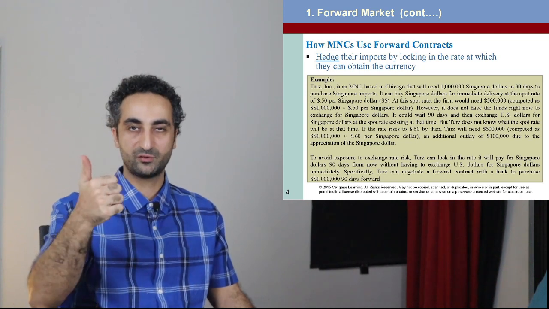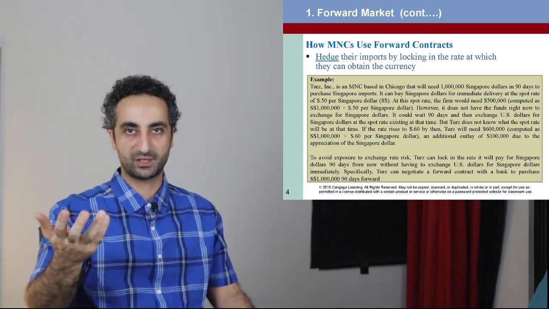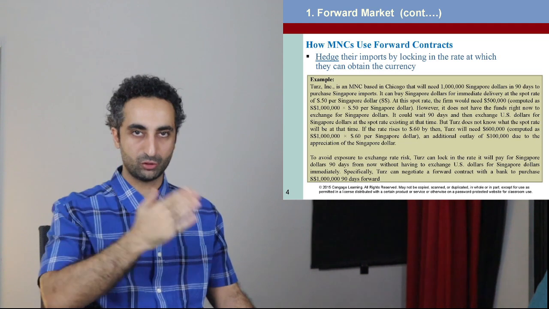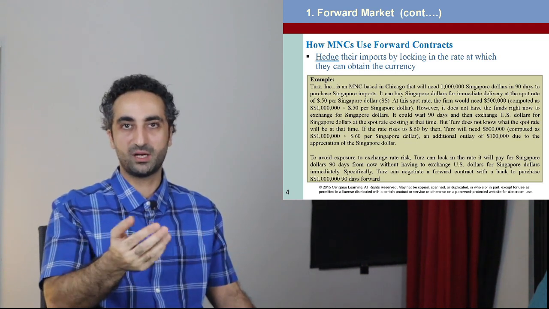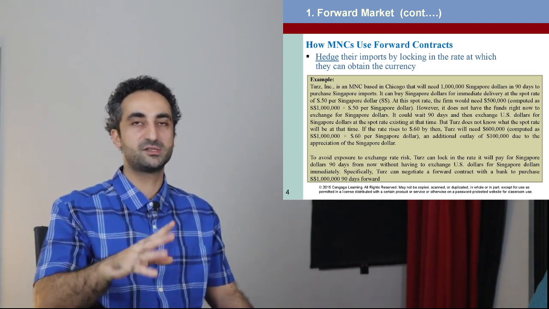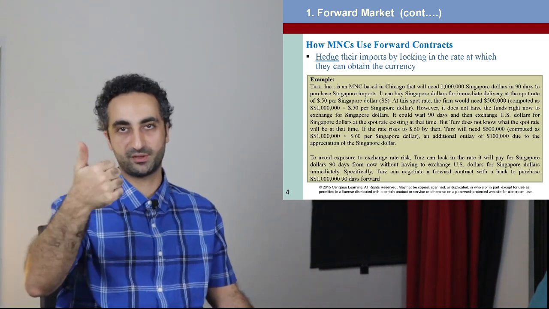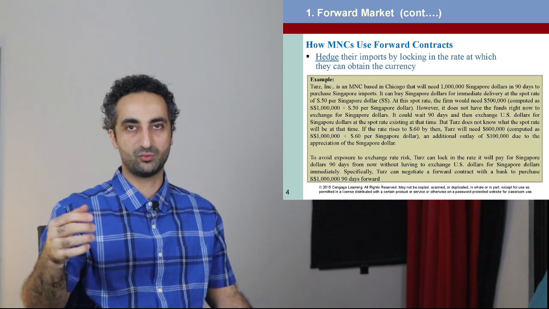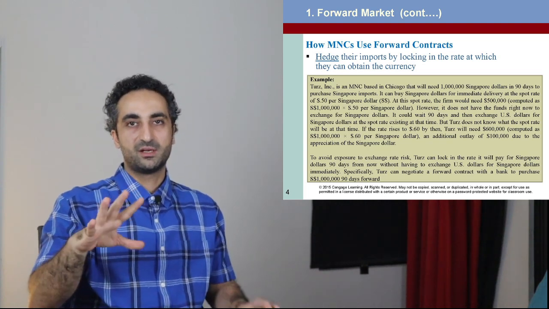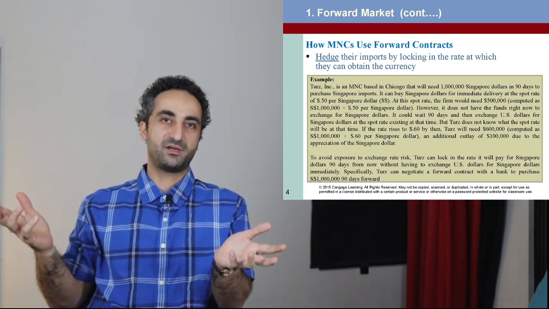So one way of doing it, very simple, we all can agree on it: you can go to the spot market right now and buy 1 million Singaporean dollars, put it in the safe, wait for 3 months and use it. You know the rate, you can use it anytime you want. However, theoretically, this is very nice.